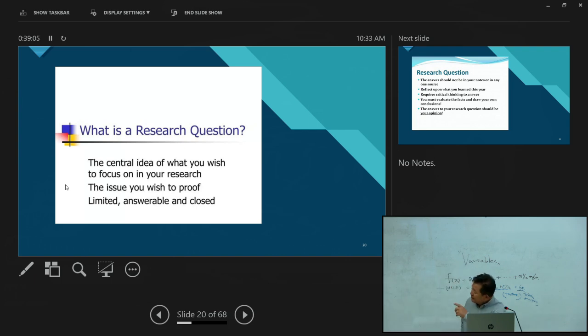So the definition, as the picture says, of a research question. A very summarized definition is as shown there: a certain idea of what you wish to focus on in your research, the issue you wish to prove, limited, answerable, and closed.